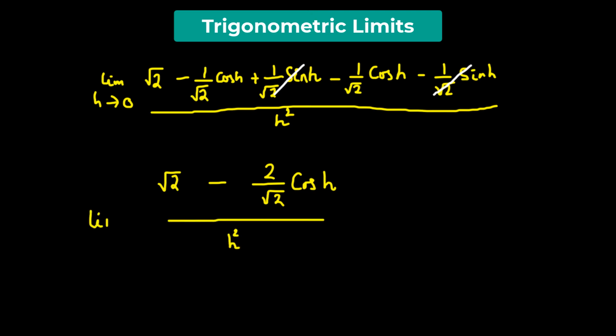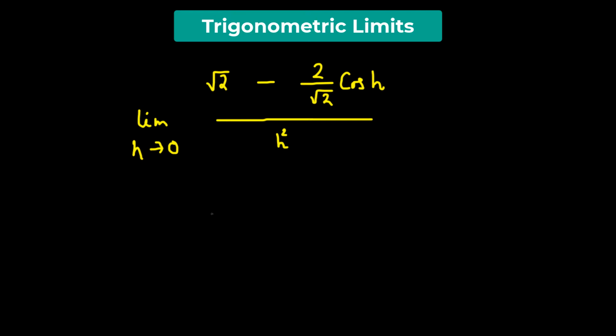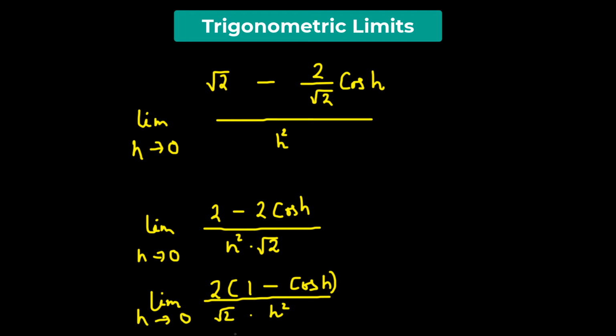This is the limit, h tending to 0. Now we take the LCM in the numerator. So we have 2 minus 2 times cosine of h divided by h squared times square root of 2. And we have the limit, h approaching 0. Now taking 2 as the common factor in the numerator, so we have 1 minus cosine of h divided by square root of 2 times h squared, limit h approaching 0.